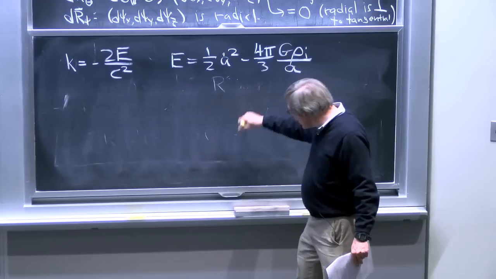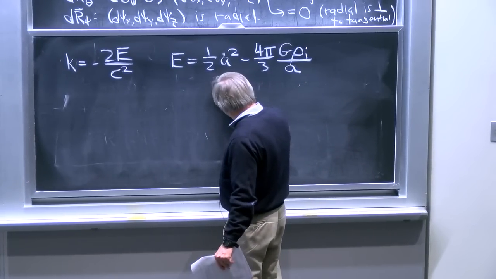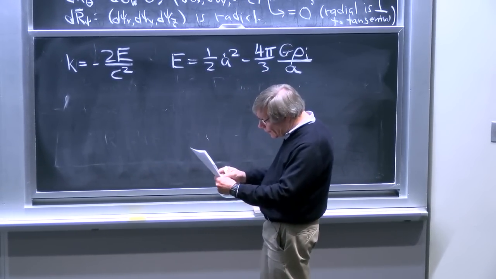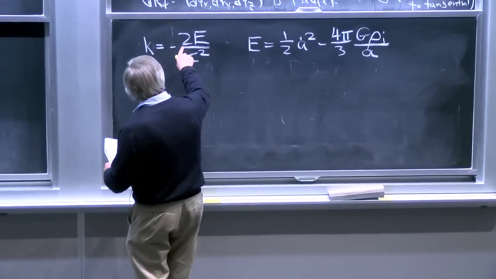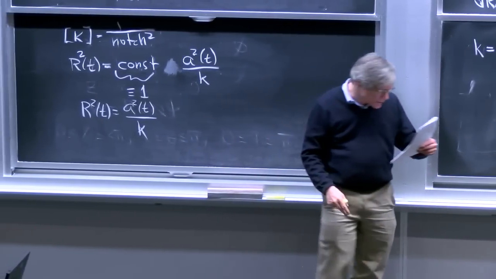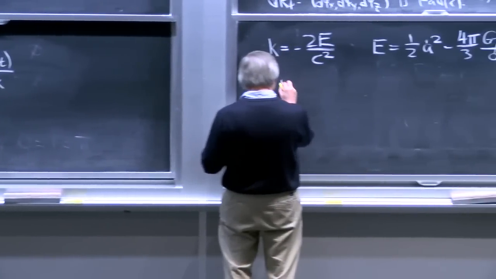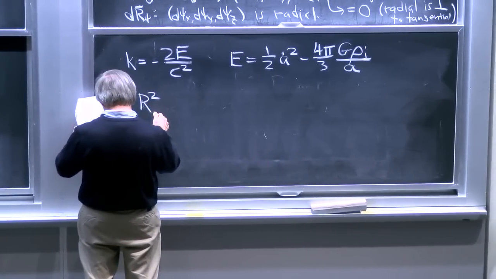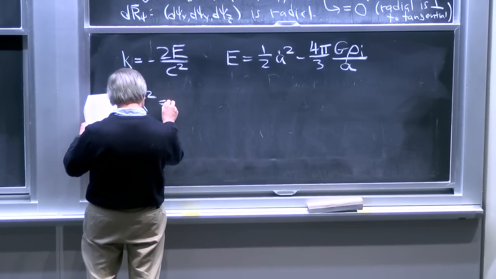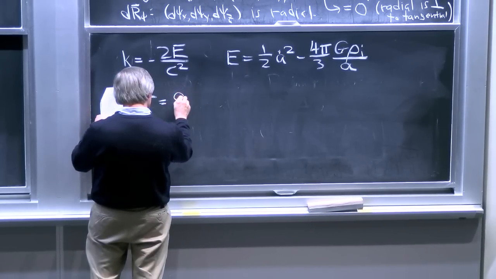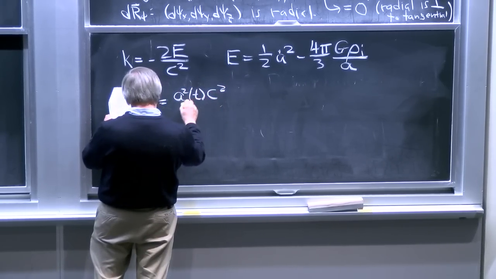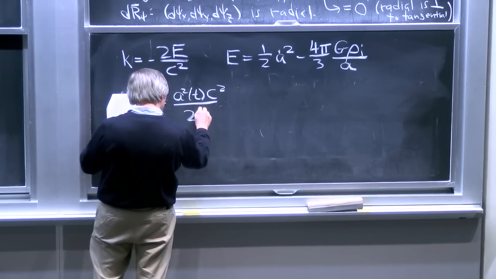But E was given by that expression. And if I put this into that, just to see more clearly how our discussion relates to our Newtonian discussion, we get r squared is equal to a squared of t times c squared over 2E.